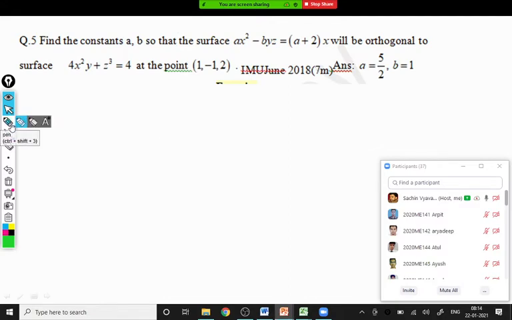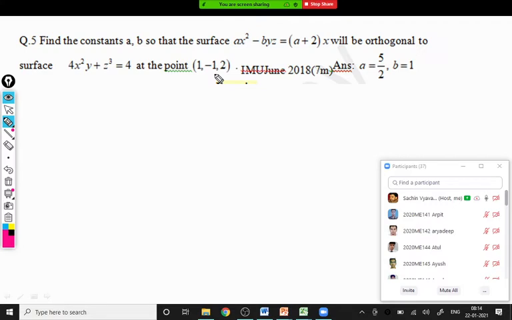So question 5. Question number 5 is on the screen now. Our aim is to find the constants a and b so that surface 1 and another surface 2 both are orthogonal at this point (1, -1, 2). Anyone?